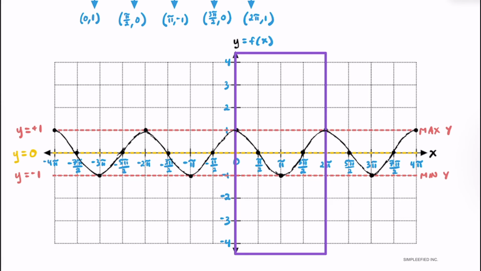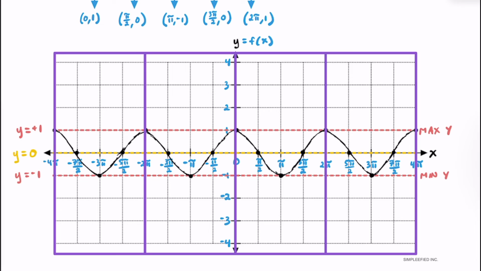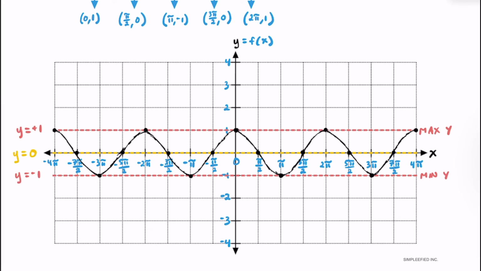So this is what it would look like if we sketched 4 of these periods out. Hopefully it feels a little bit less overwhelming if you know that you're just duplicating the same thing over and over. All right, so that wraps up this pretty detailed video on graphing the cosine parent function.